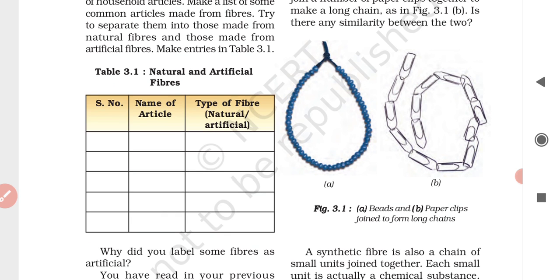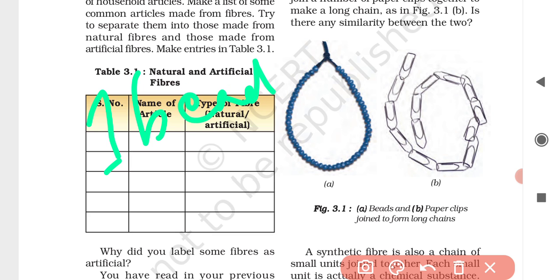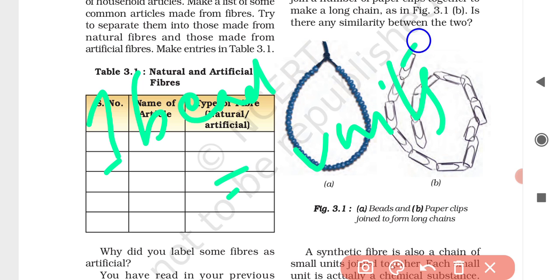In both the beads and the paper clips, the beads are joined together to make a long chain. Similarly, each paper clip is joined together to form a long chain. We can call this one bead a small molecule, or unit.